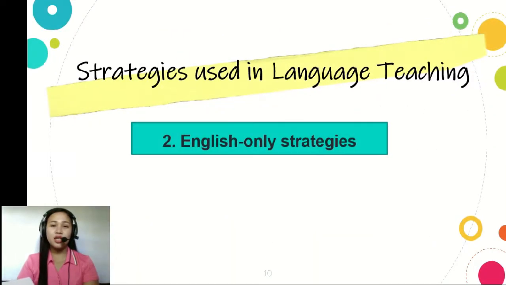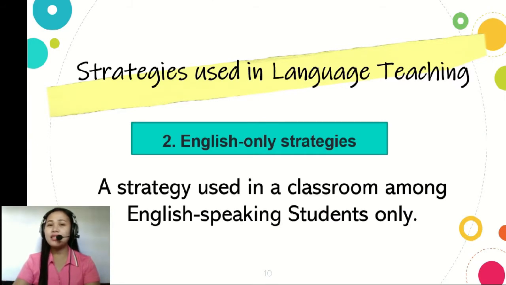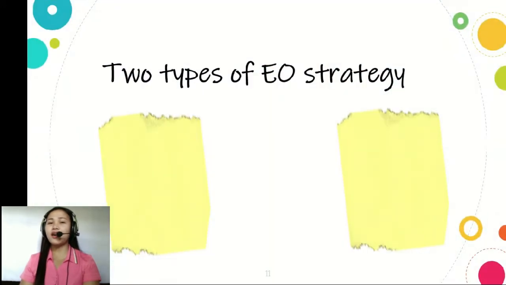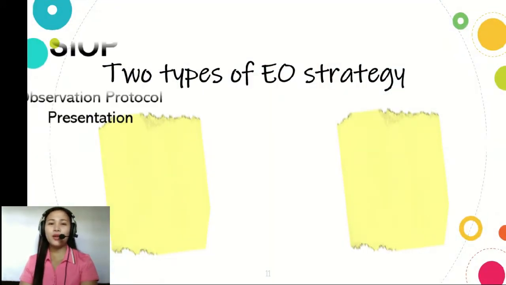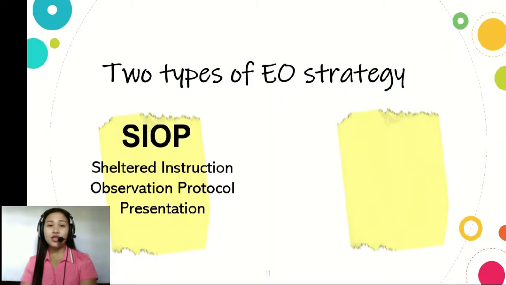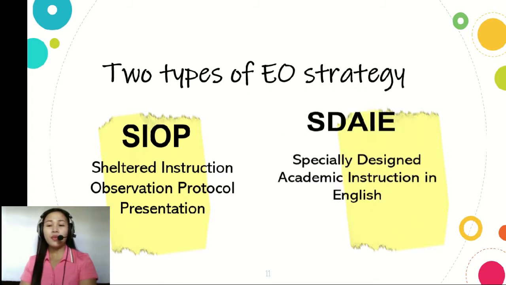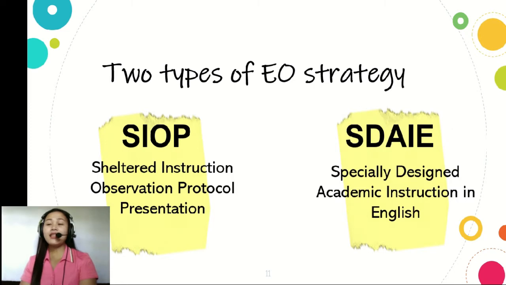The second strategy is called the English-only strategy. This strategy is intended only for those who are learning English as first language. And based on the research, there are two types of English-only strategies. We have the Sheltered Instruction Observation Protocol, or SIOP, and the Specially Designed Academic Instruction in English, or SDAIE.